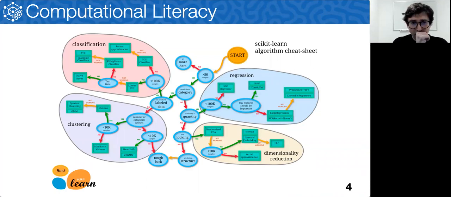Now, if we take, for instance, scikit-learn, which is a library in Python widely used for basic machine learning, when you start with a problem, depending on the situation, you have a decision tree for which kind of method you're going to use, from very simple regression to a more advanced neural network algorithm.